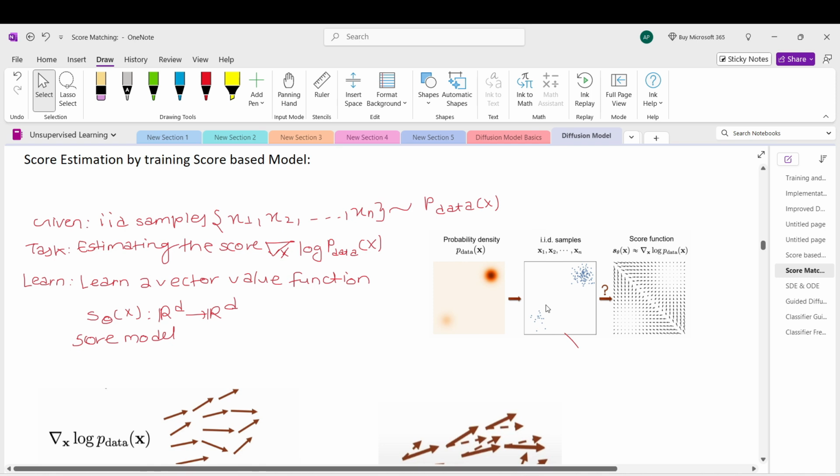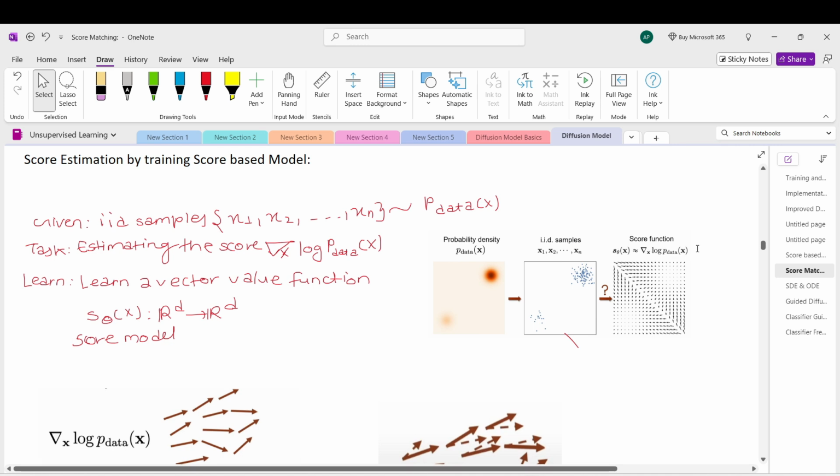These samples don't depend on any prior. We just take some random samples from our data distributions, because these are our images. We want to approximate this quantity, this gradient with respect to the log p data of x.